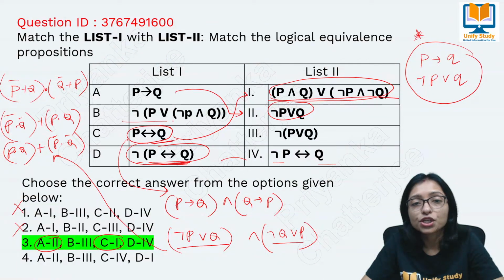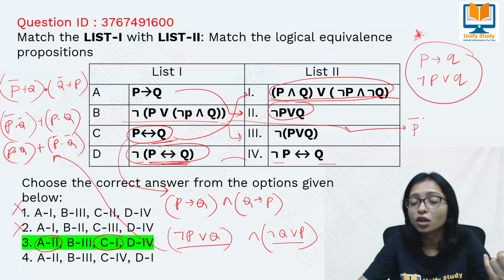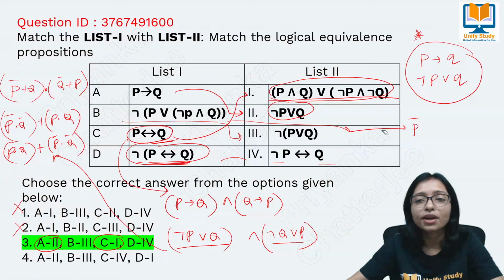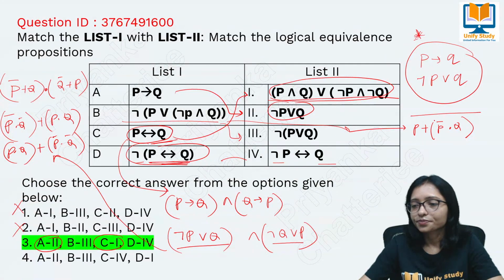Other than that, option B, now option B easily you will be able to relate with 3 if you are writing option B in Boolean algebra format. I am telling you always to write in Boolean algebra format. Here whenever I am writing this one in Boolean algebra format, what is coming? See that it is P plus P bar dot Q, then whole bar.